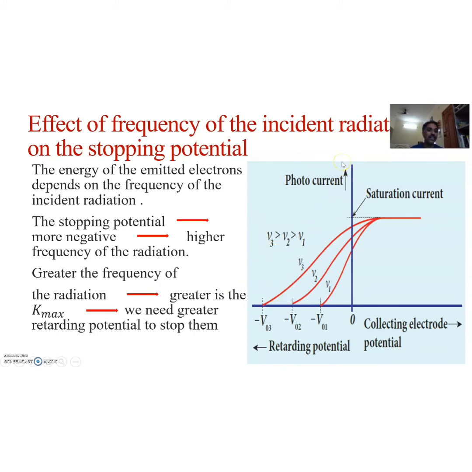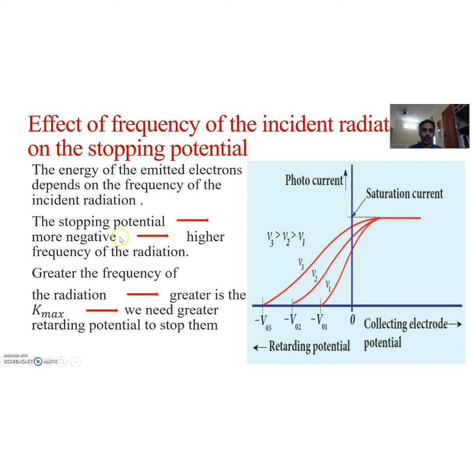They required a greater stopping potential, a higher negative voltage, to stop the photocurrent. Then they increased the frequency once again and found that the stopping potential also increases on the negative side. So the greater the frequency, the greater is the negative potential required to stop the electrons, or the greater is the retarding potential required. So this is what is given here.